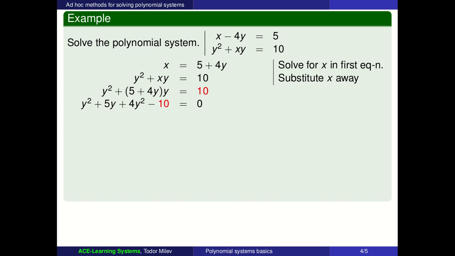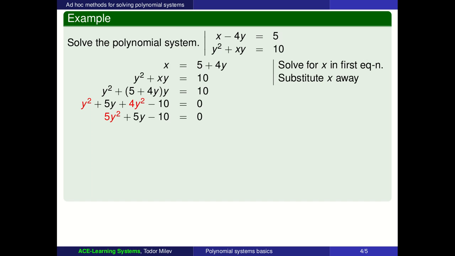Of course, when 10 is transferred to the left hand side, it acquires a minus. Okay, now let us combine y squared and 4y squared to 5y squared. Now this is a quadratic equation in y. We get the equation 5y squared plus 5y minus 10 equals 0. That quadratic equation can be directly solved.